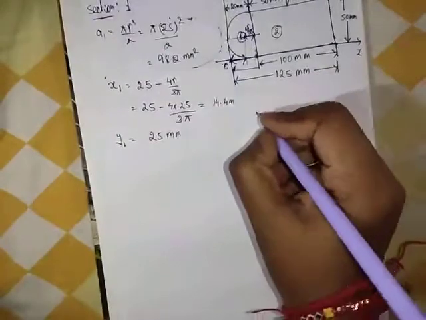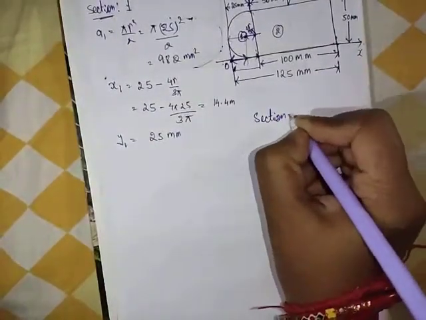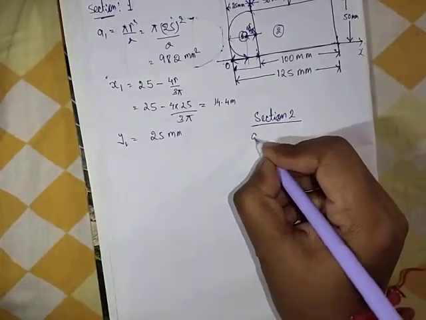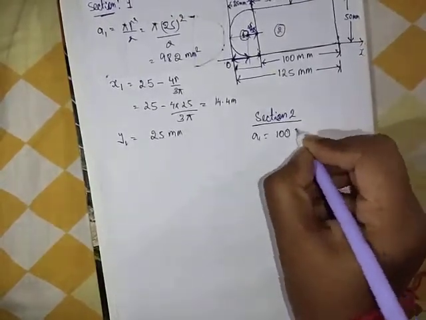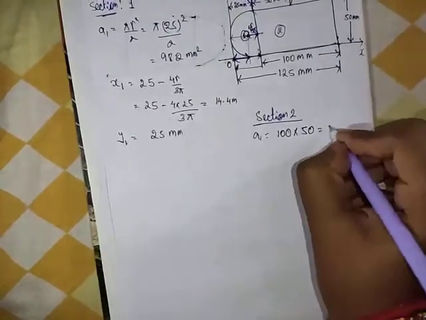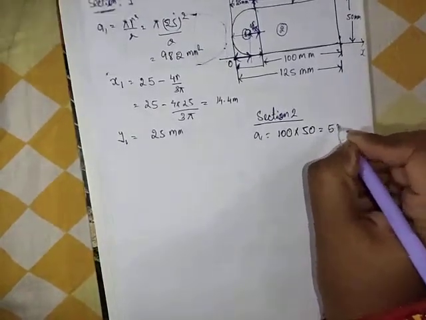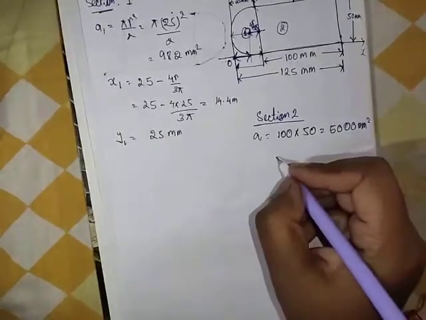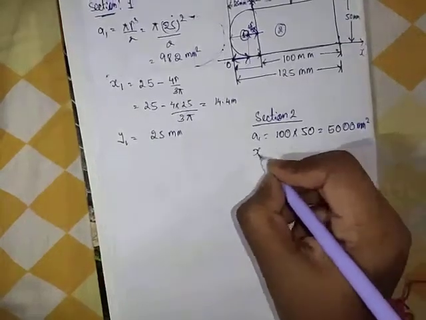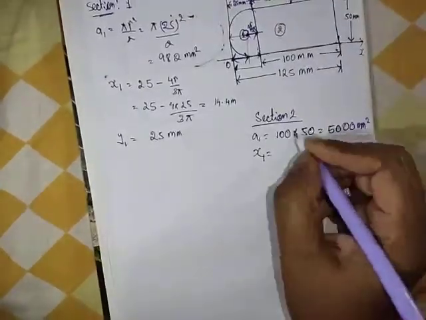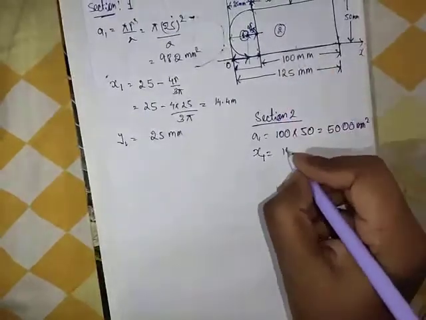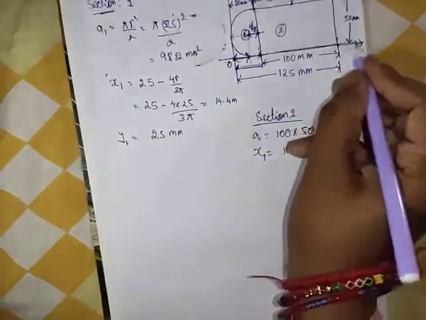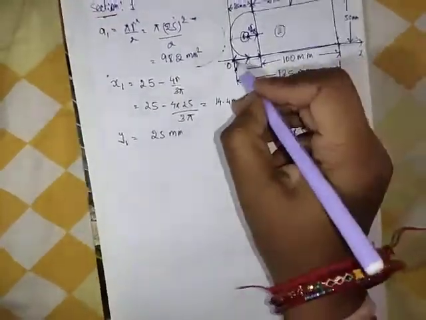Next is section 2. Section 2 is a rectangle. So what is a2? A2 is 100 into 50, that is 5000 mm square. Next, what is x2? X2 is 100 by 2 plus, we cannot leave this distance because we are going from this onwards, forward.